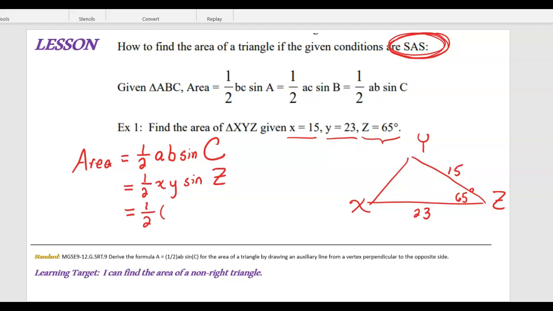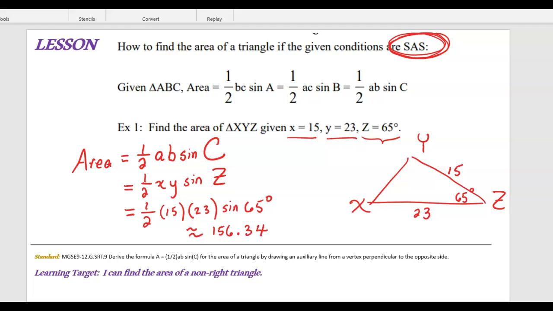1/2 times 15 times 23 times sine of 65, which is approximately 156.3834.